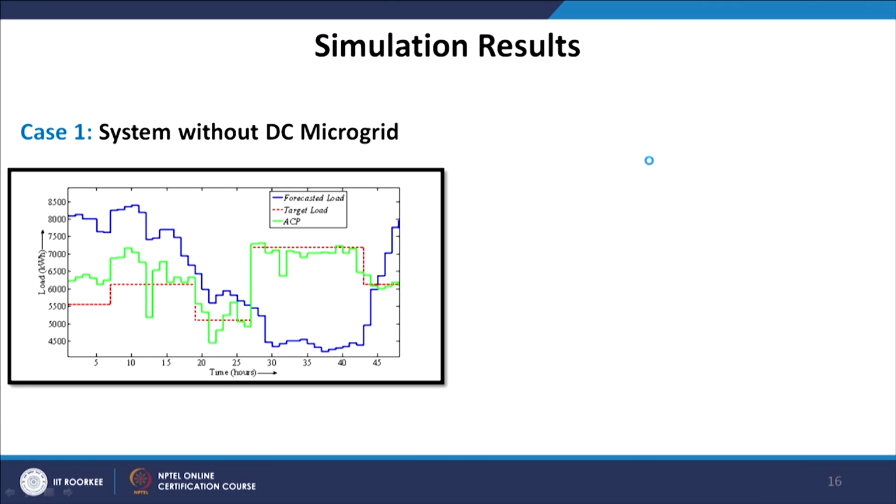Now, if you run a couple of simulations having the opportunity of a smart grid, when you do DSM activity without smart grid and with smart grid, the results can be compared. We have executed a case study when the system does not have a DC smart grid in place. The distribution utility executes the DSM program, and the green color shows the new load characteristic based on the actual and the desired one.